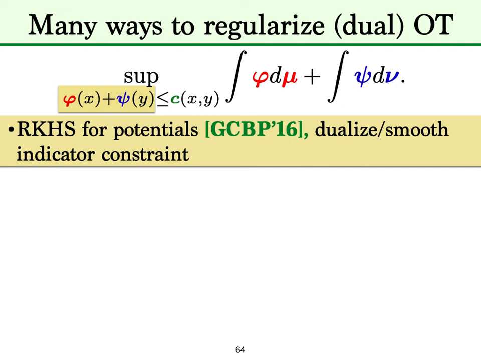This works either in the continuous setting here, where I'm giving you the formulas for the continuous problem, or in the discrete one with the sup over alpha and beta that I mentioned earlier.